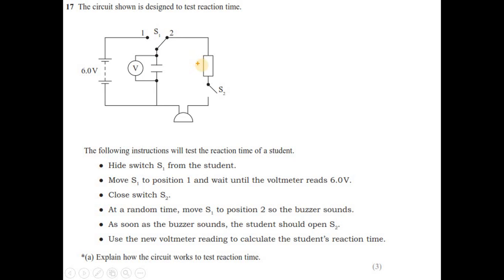Clearly, if the switch S1 is at position 1, that means this is the charging position. So the capacitor is going to charge fully when the voltmeter reads 6 volts, as step number 2 says. And now what happens? You turn on the switch S2, that means you close S2, and then move S1 to position 2. At that moment, the capacitor starts discharging through the buzzer and the buzzer is sounding.